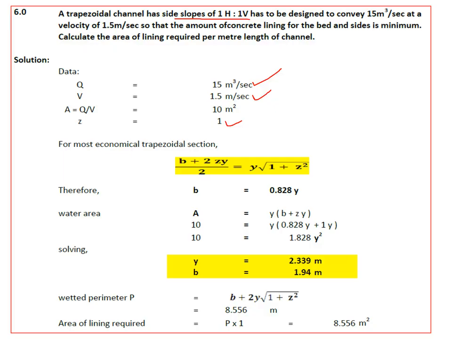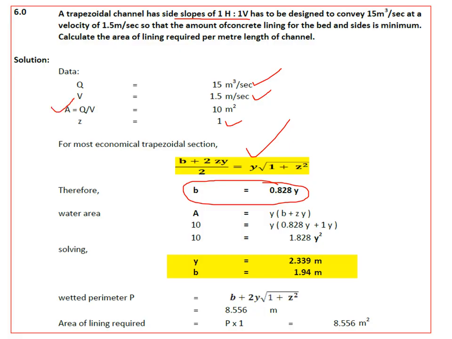So again take the equation that half the top width should be equal to the length of the sloping side. Then b will be, substituting z as 1 and solving it, b equals 0.828y. You know the area is y into (b + zy), with b as 0.828y and z as 1. The area is already calculated as Q by V, which is 10 meters square.